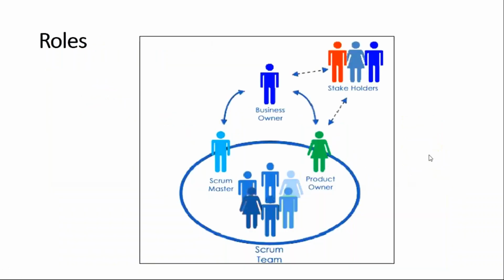Coming to roles, you will find this blue circle. In it you will find the product owner, scrum master, and the scrum team. Outside the circle we have the stakeholders and the business owners, who give us the business and the vision. A scrum team doesn't have, like a typical waterfall, a BA and technical lead.